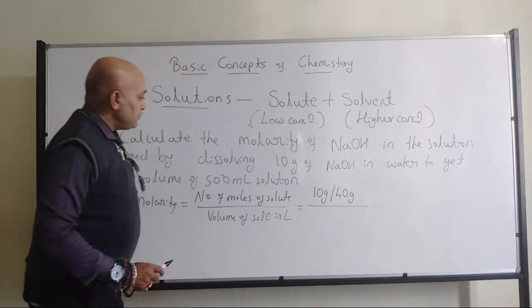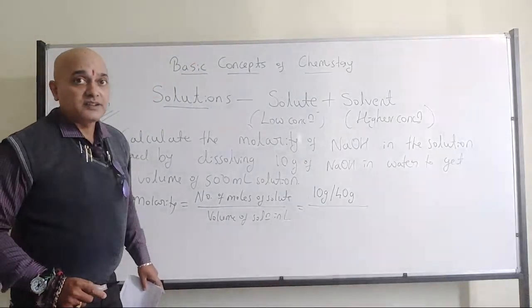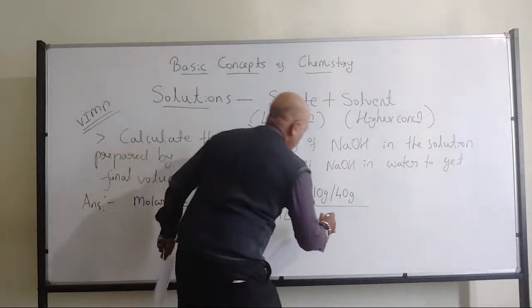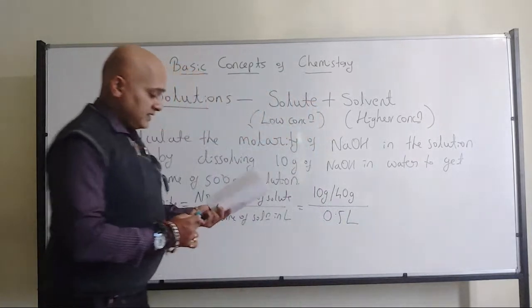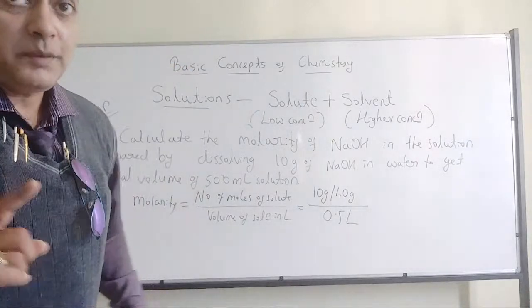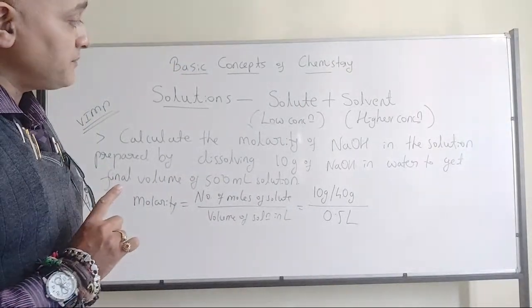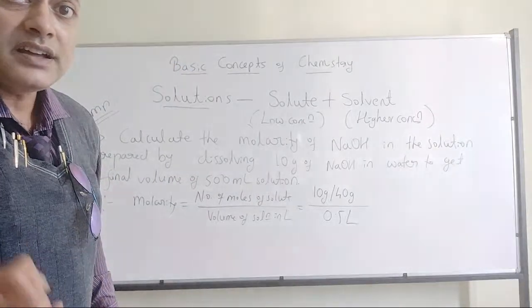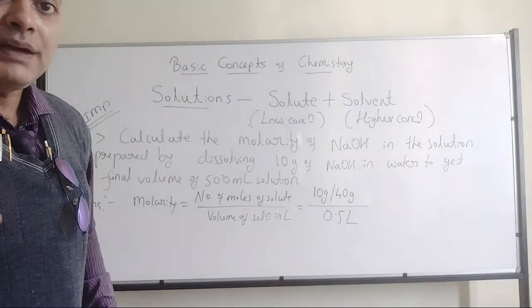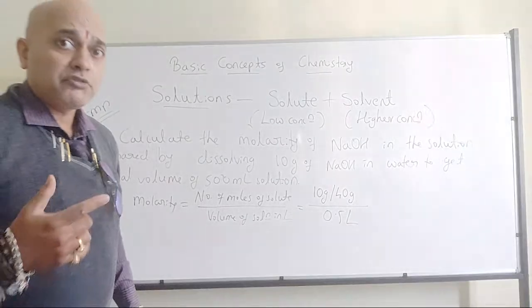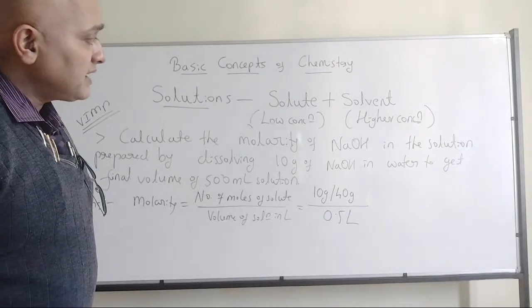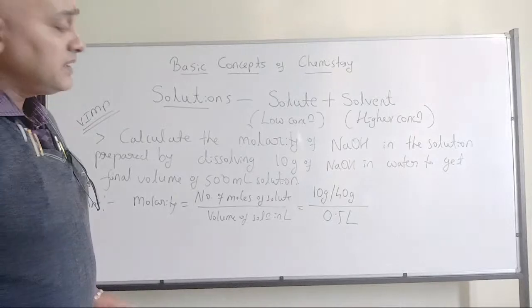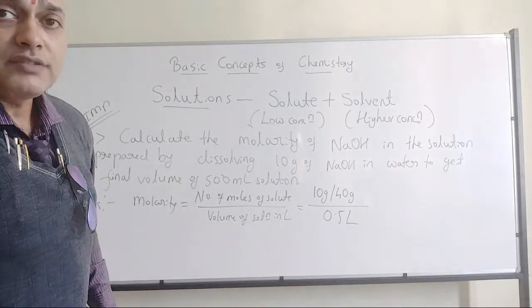So volume of solution in liter. Okay, so 500 ml is nothing but 0.5 liter. That's what I told repeatedly. If you see the equation, volume of solution in liter, not in ml. ml is milliliter. We have to convert whatever volume is given into liter. So therefore 10 gram divided by 40 gram divided by 0.5 liter.